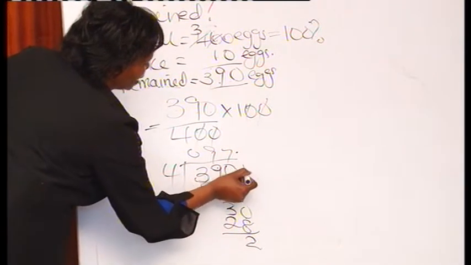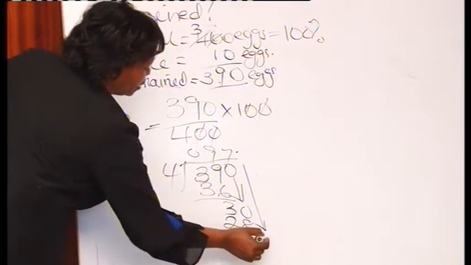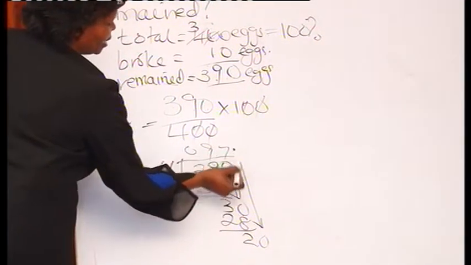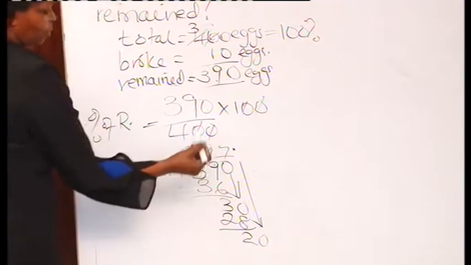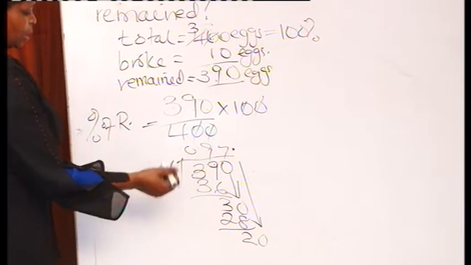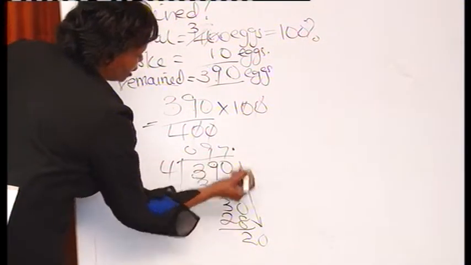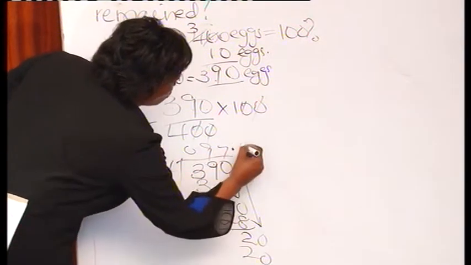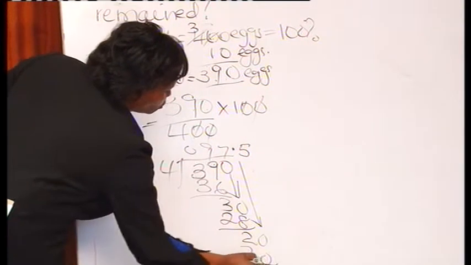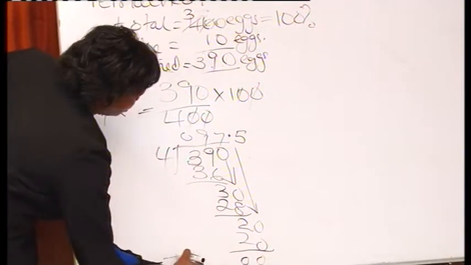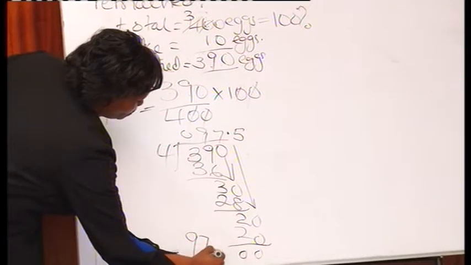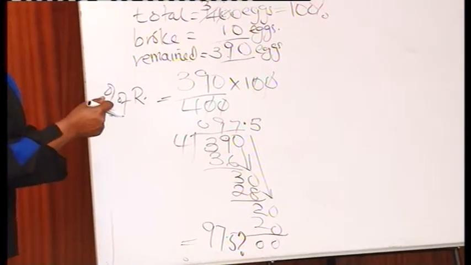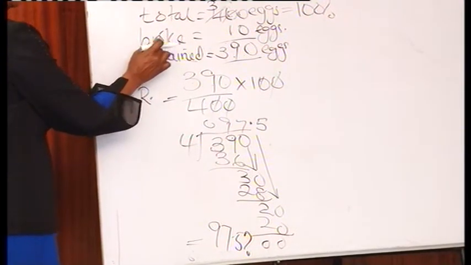Because there is nothing that I can drop, I write a 0. And because I want to change that to a decimal, I put a decimal and add a 0. 20 divided by 4 will be 5. So 0, 0. So the answer will be 97.5%.